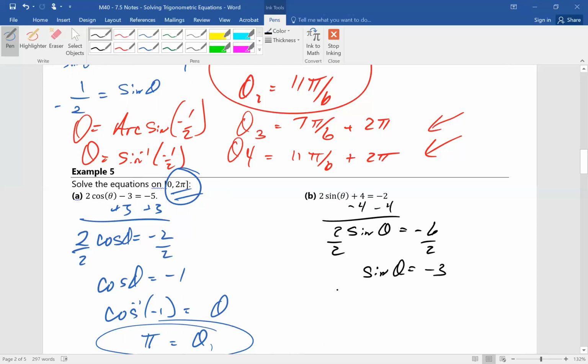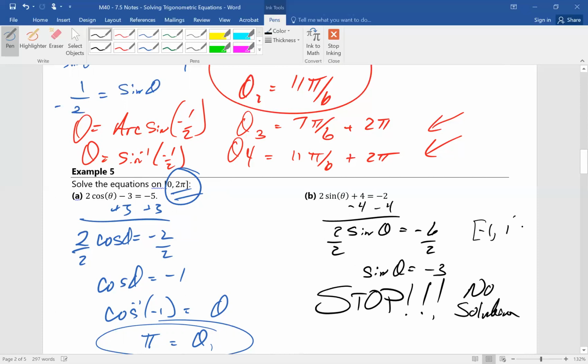Now, careful. You can't do this. There is no angle. Remember, the normal range of answers for sine is from -1 to 1. So because of that, there is no solution. So this is your answer here. You don't have to do any more work. Pretty cool, huh? Okay, there's the first tough one.